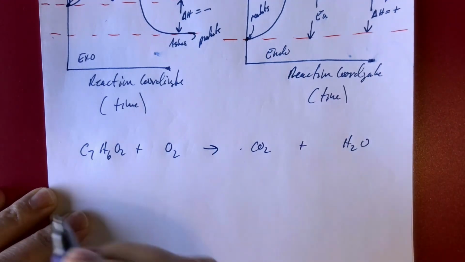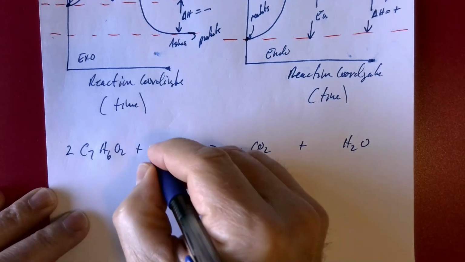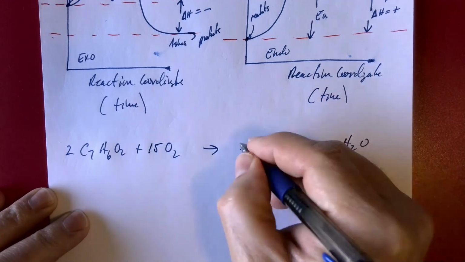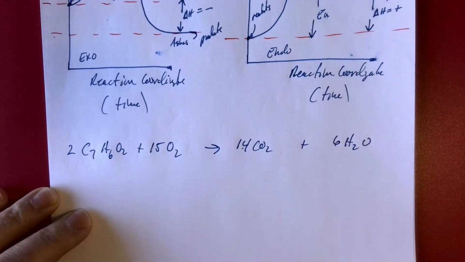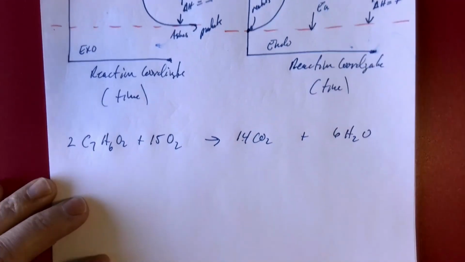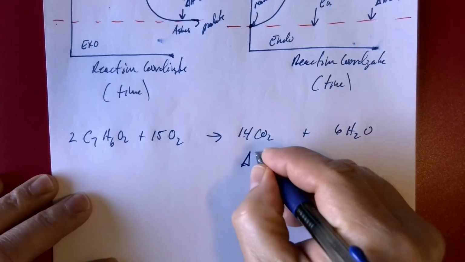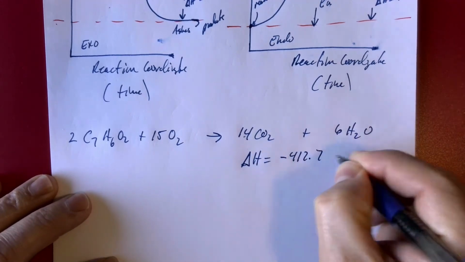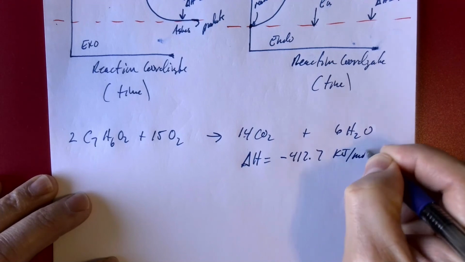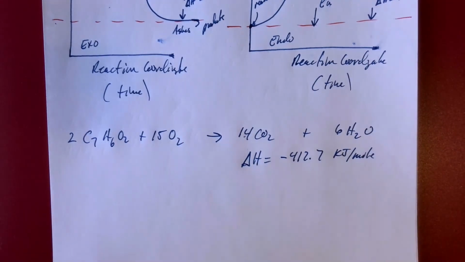Okay, now I'm going to balance this to make this easier. Okay, now here's an equation. Okay, and they're going to tell you that delta H is equal to negative 412.7 kilojoules per mole. Now you need to make sure you understand what this means.